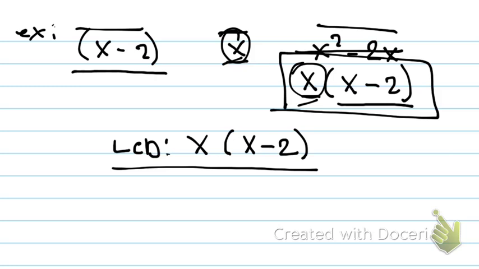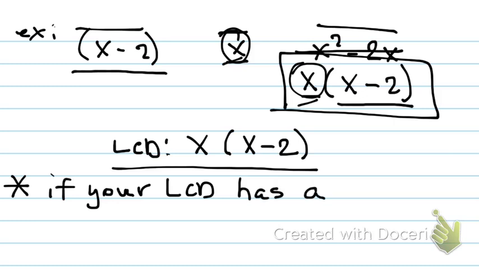All right. Now, before we move on and look at another LCD, I have another note to make for you. If your LCD has a variable in it, what's a variable?